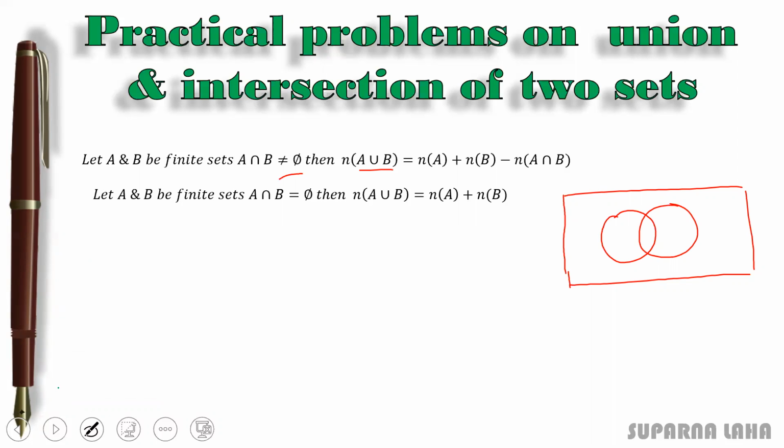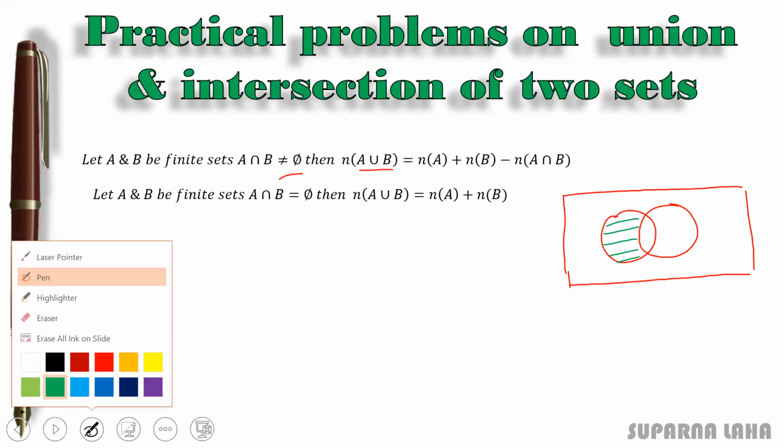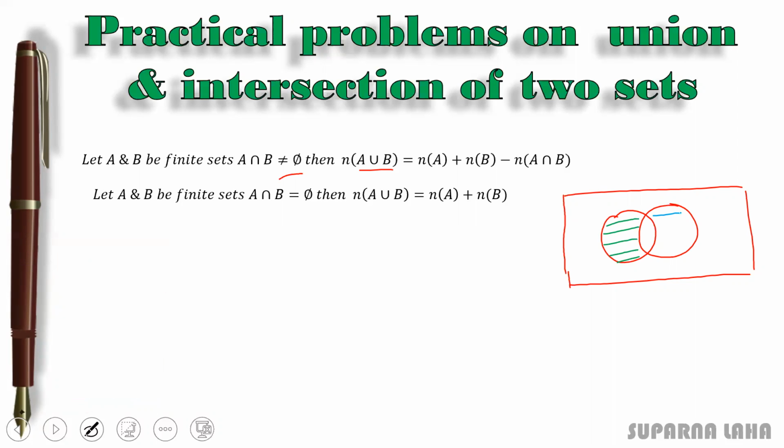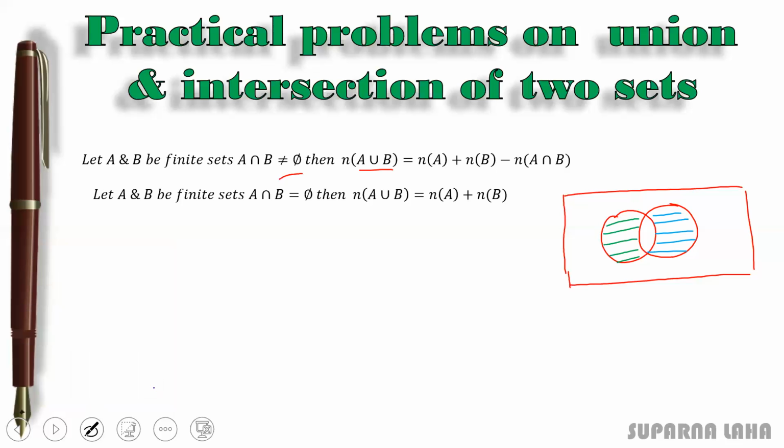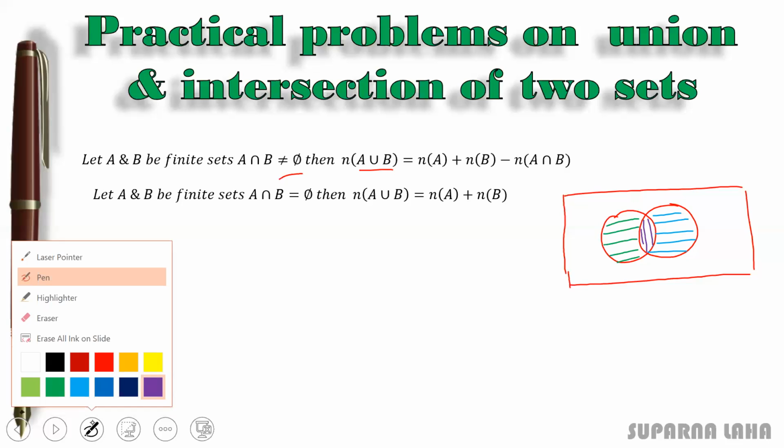If we draw A union B, that means this portion plus this portion and then add this portion, right?